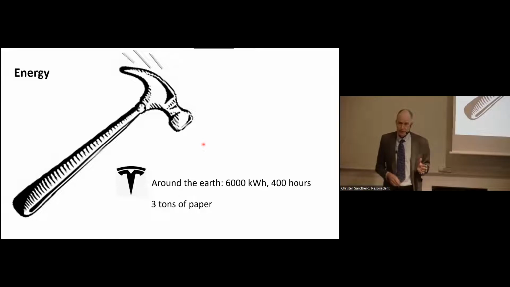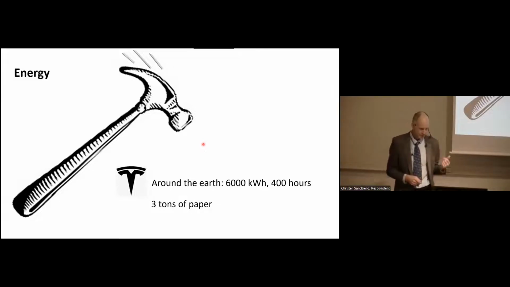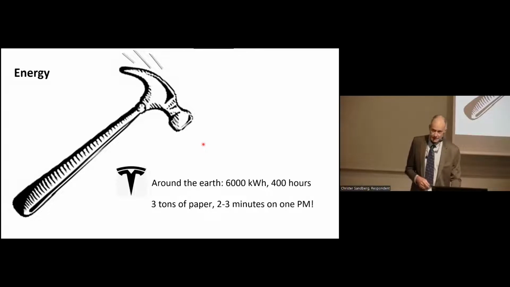That amount of energy would produce 3 tons of pulp. And on the paper machine, it takes 2-3 minutes to consume that amount of pulp. So as you can realize, it's an enormous amount of energy that is used.